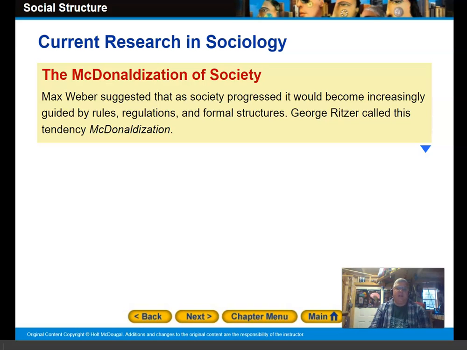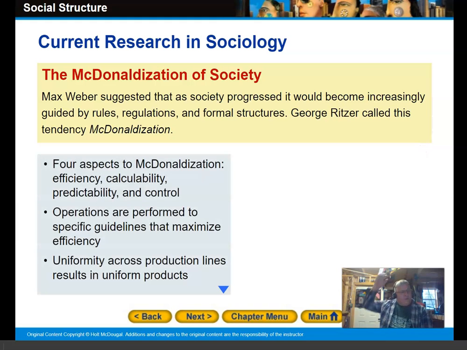McDonaldization of society. Max Weber suggested that as society progressed, it would become increasingly guided by rules, regulations, and formal structure. George Ritzer called this tendency McDonaldization. By McDonaldization, he's referring to how each society is becoming more like another.